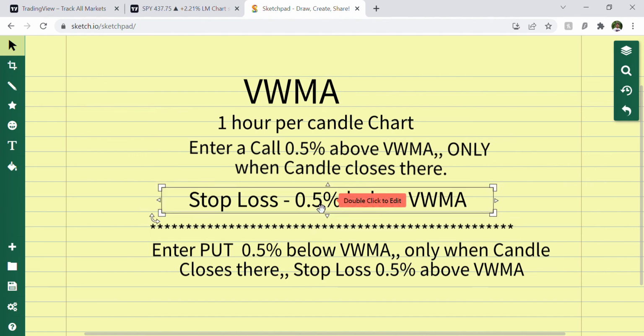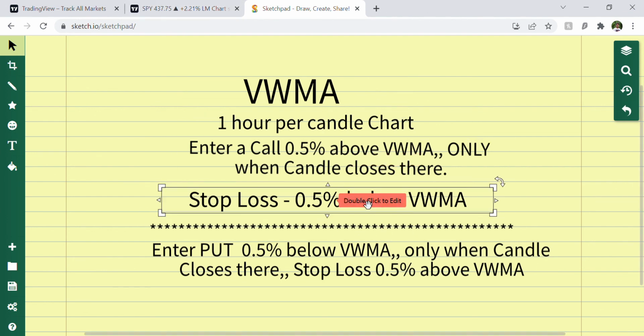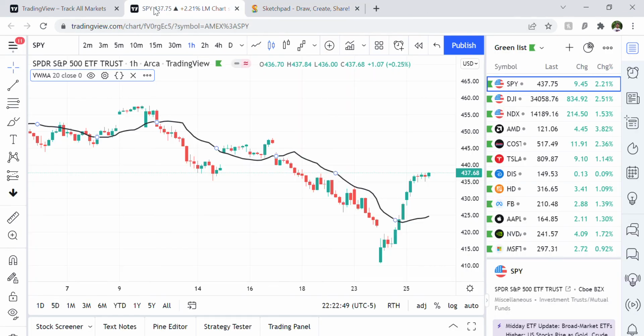You don't need to go below VWMA. VWMA itself you can choose as a stop loss, but sometimes markets are very volatile, so I would suggest to give a little bit of length on the stop loss side also. But if you are aiming for very less gain, a $1 gain, you will quickly be able to gain it. So let's see over here.